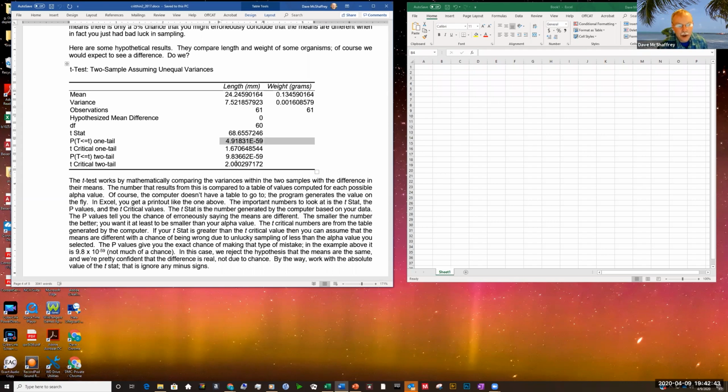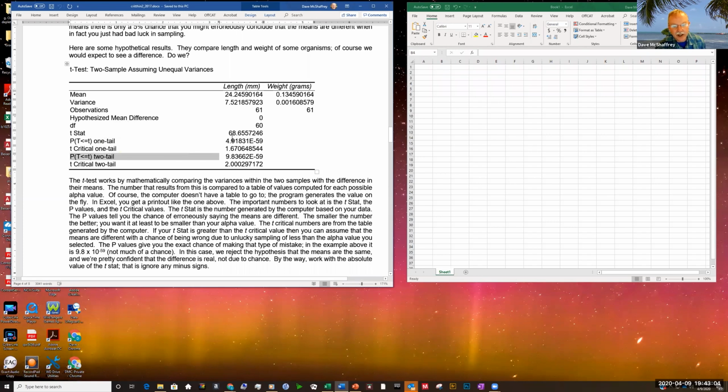In that case, you would use a one-tail test. On the other hand, if you just had two gardens and you didn't know if one had been fertilized or not, or if like one garden was on top of a hill and the other was on a slope and you didn't know which would have an advantage, then you would use the two-tail test, okay?